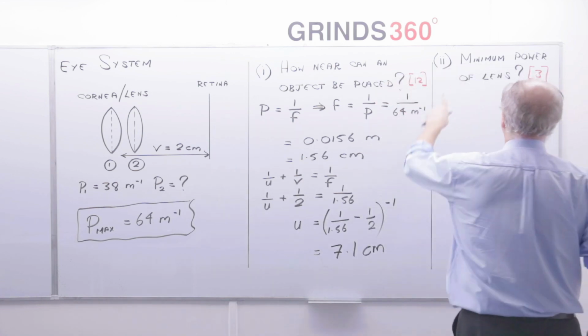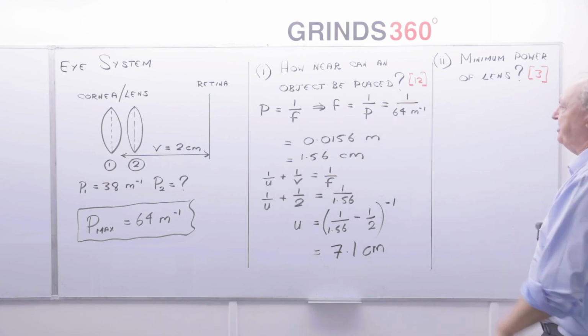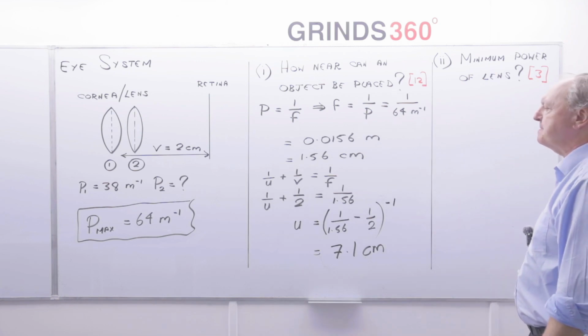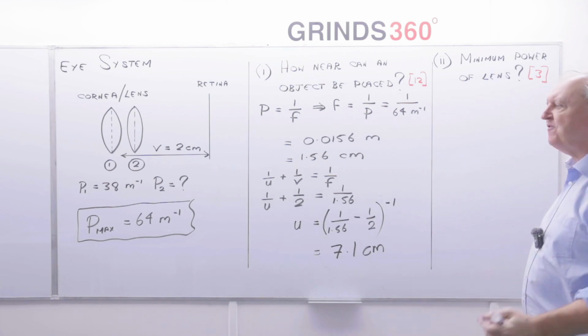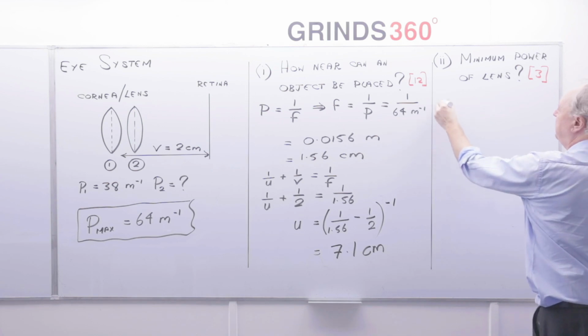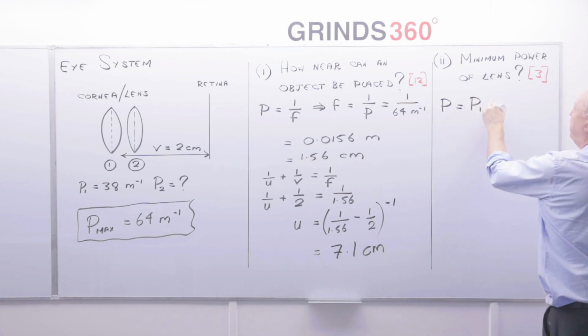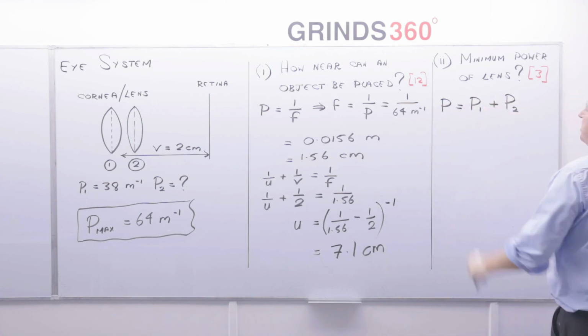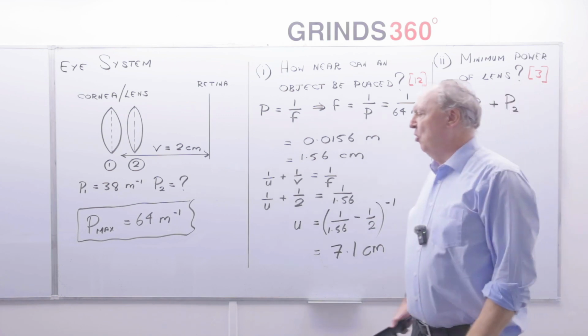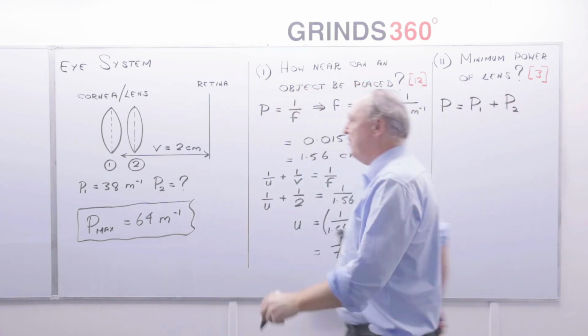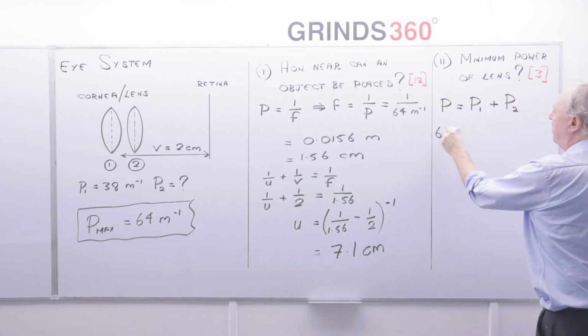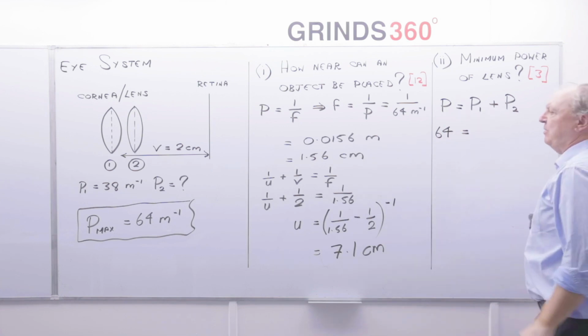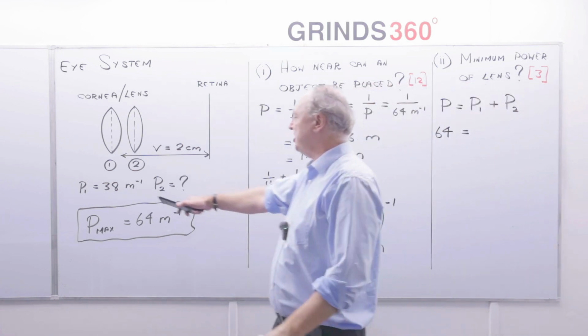They're saying, what's the minimum power of my lens for 3 marks? Well, I'm going to use my other formula, which is P is equal to P1 plus P2. So P max is 64. That's the overall power of the lens. That's equal to P1, which we can't change.